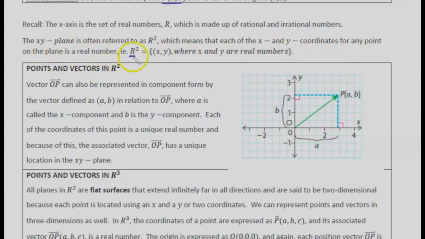Okay, R being real number. R squared is, okay, (x, y), where, so this would be like the domain, where x and y are real numbers. Okay, it consists of every single ordered pair.